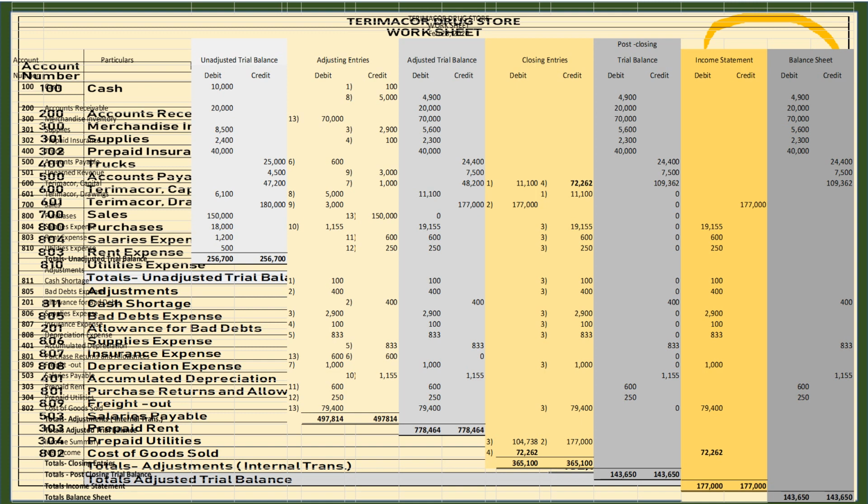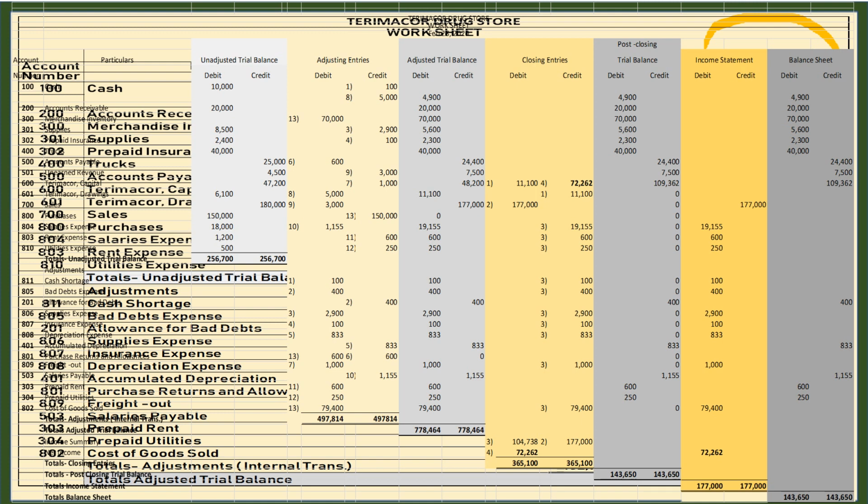Preparing the adjusted trial balance is the last step before financial statements can be produced. Its purpose is to test the equality between the debits and credits after adjusting entries are entered in the books of the company, and to serve as basis for the preparation of financial statements.